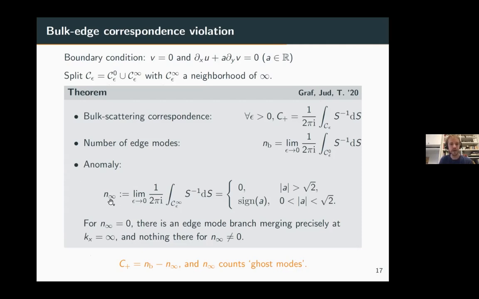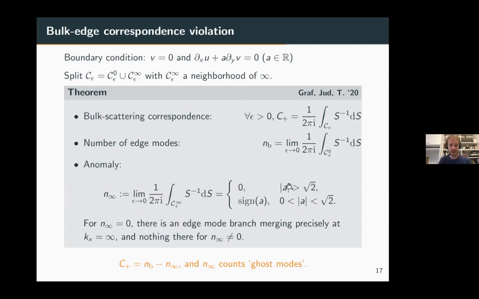So now we look at the change of argument of this scattering amplitude along the neighborhood of infinity. We will have the two pieces together, and here there is a mismatch. This mismatch depends on the value of A, and remember that choosing A is basically choosing the boundary condition.